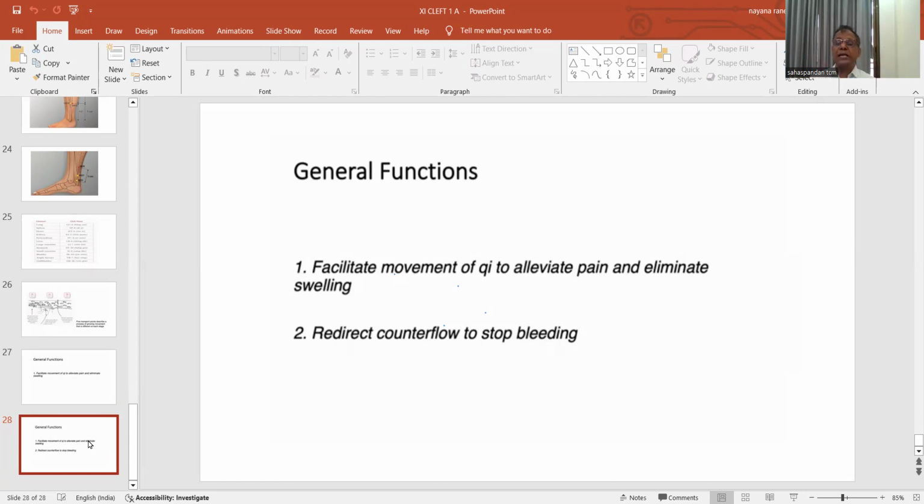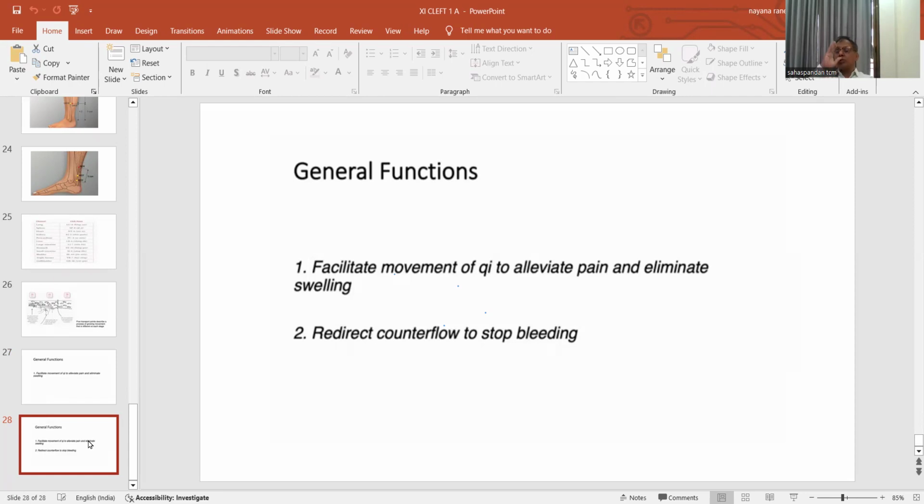So the Xi-cleft points have two general functions, both of which are most applicable in relatively acute cases in which pain is part of the symptoms. Number one, Xi-cleft points facilitate the movement of qi to ease pain and eliminate swelling.